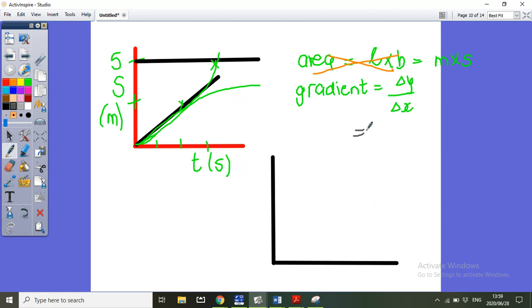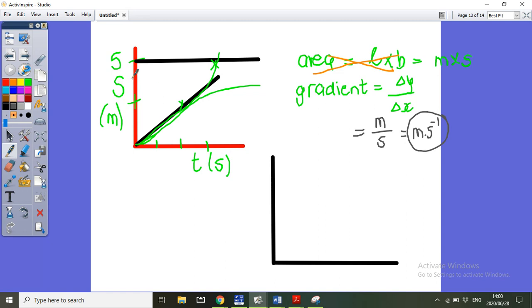So let's look at the unit on our y-axis. That's meters. So we have meters at the top and we have seconds at the bottom, which gives us meter over seconds, which is the same as meters per second. And now that sounds more familiar because we know that we measure velocity in meters per second.